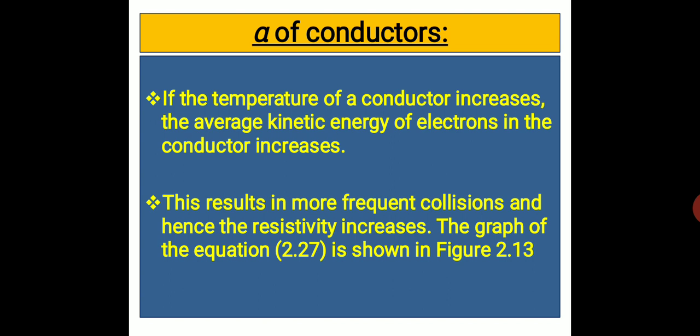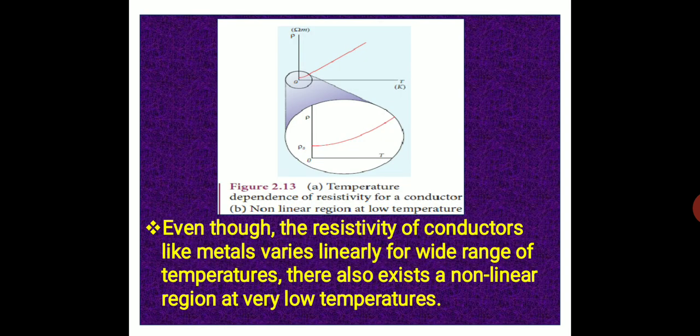Temperature increases means the average kinetic energy of the electron also increases. This results in more frequent collisions, and hence the resistivity increases. The graph of the equation 2.27 is in figure 2.13. This is a graph and diagram.